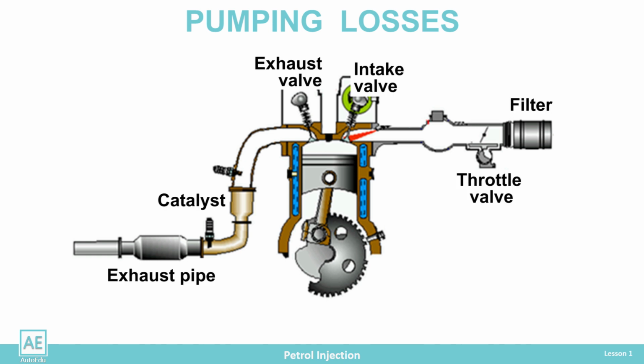The petrol engine cannot freely suck air into the cylinder but needs to use part of the energy due to the damping of the flow through the filter, the throttle, and the narrowing of the intake valve. Also, in the fourth stroke, it cannot eject the burnt gases smoothly but uses part of the energy to forcibly push them through the narrowing of the exhaust valve, the catalyst, and the silencers in the exhaust pipe.